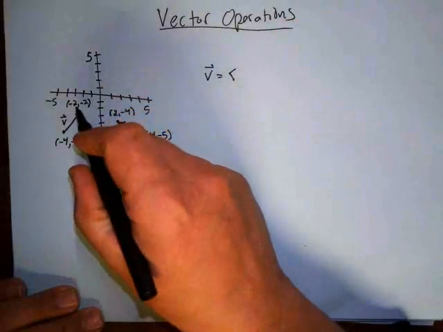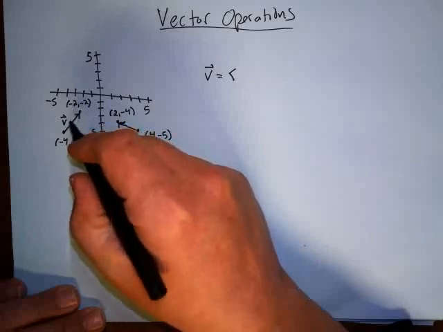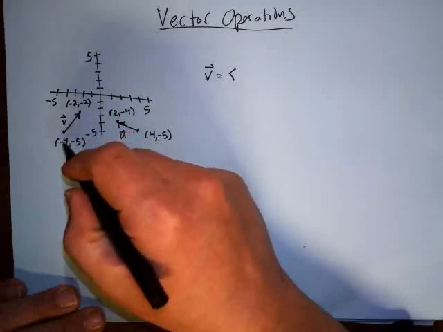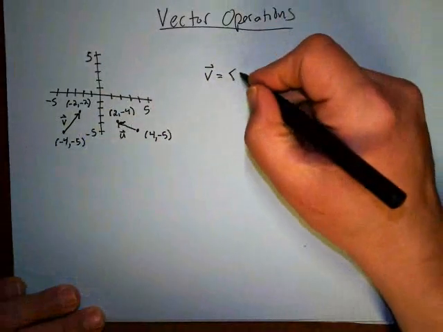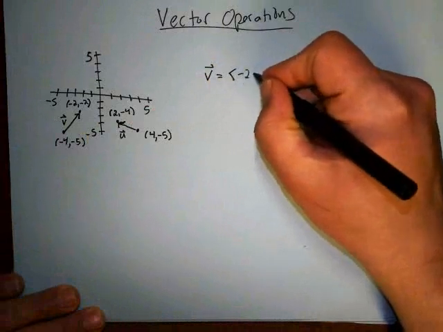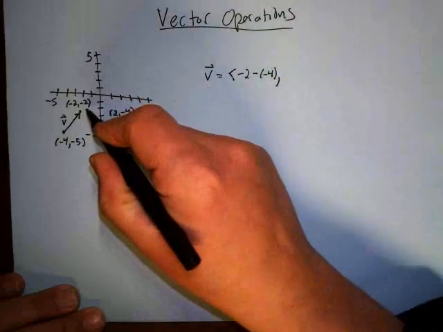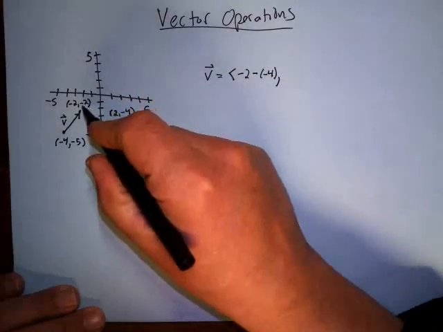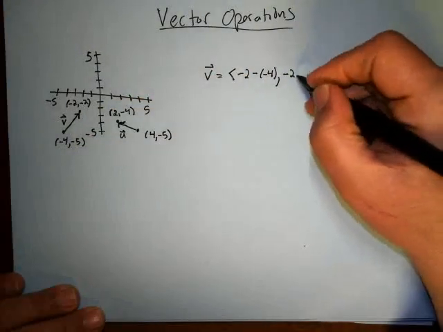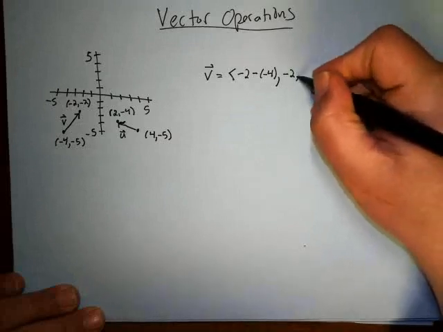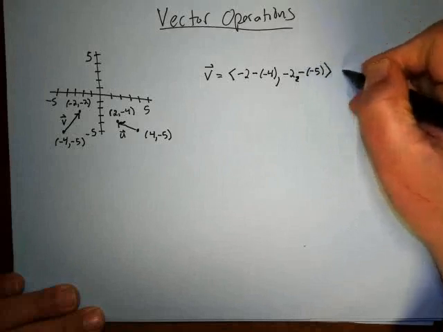What you do is you start with the terminal side, and you take the x coordinate of the terminal side and subtract the x coordinate of the initial side. So -2 minus -4. Now you do the same with the y values. You always start with the terminal side: -2 minus -5.